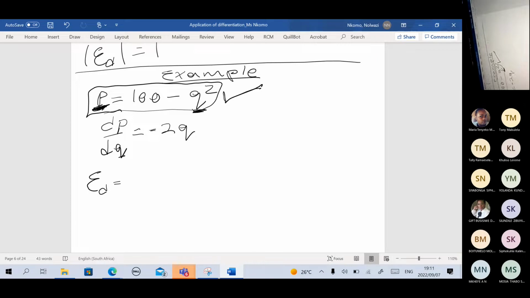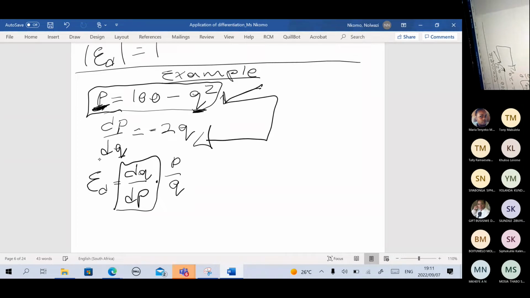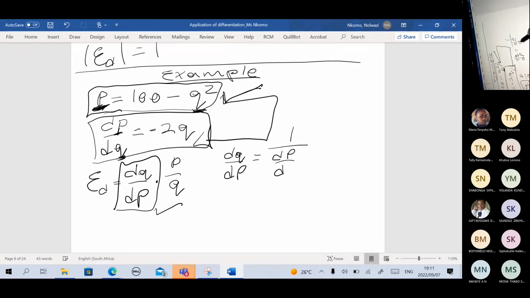But we said our formula for nonlinear elasticity of demand is the derivative of Q with respect to P times P over Q. From this equation, what we obtained is the derivative of P with respect to Q. To obtain the other, we need to find the inverse, and we said dQ over dP is equal to 1 over dP over dQ.